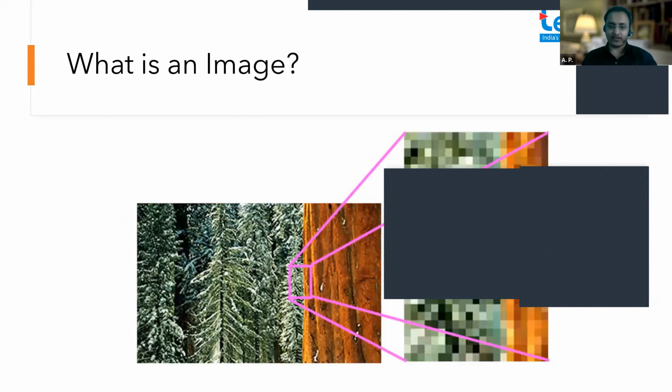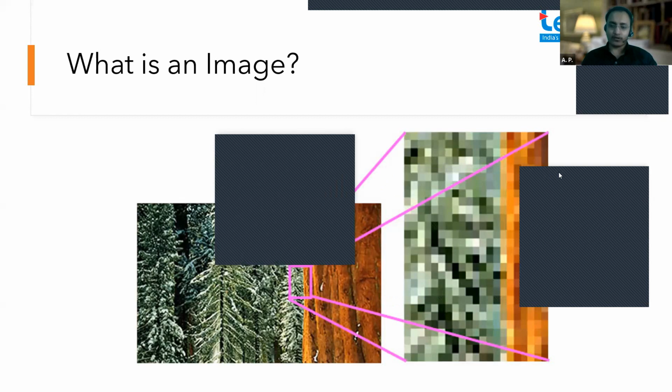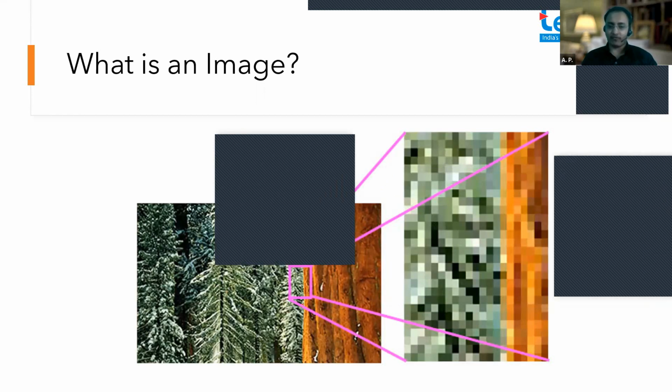If I take this part of the image and zoom in, you'll find that you have small boxes. If you take one image and a part of it and zoom in a lot, you'll find small boxes. The small boxes are nothing but pixels. Every box is a pixel.